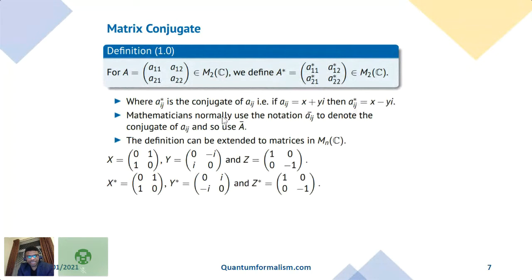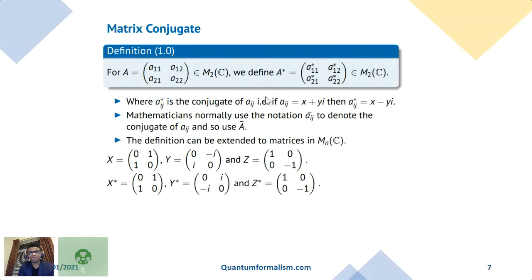The only thing I want to say is that in terms of notation, not least because the study material is written by a mathematician, mathematicians don't use star to denote the conjugate. They use a bar. So the individual entries will have a bar, and mathematicians would write the matrix this way as opposed to star.